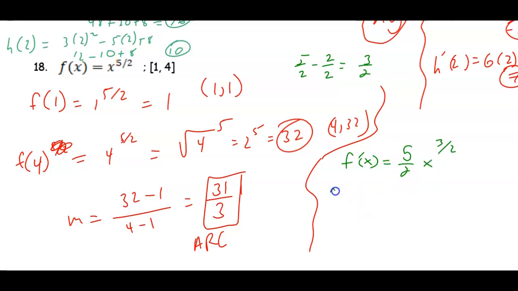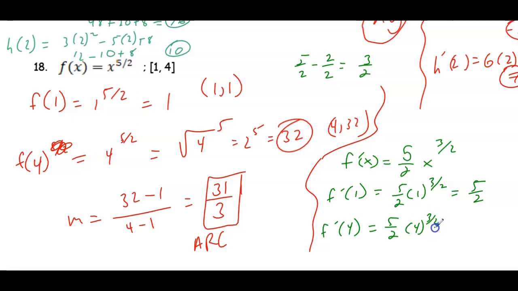Now we find f prime of 1. Remember, we plug our x values back in. Find the instantaneous rate, which equals 5 halves.